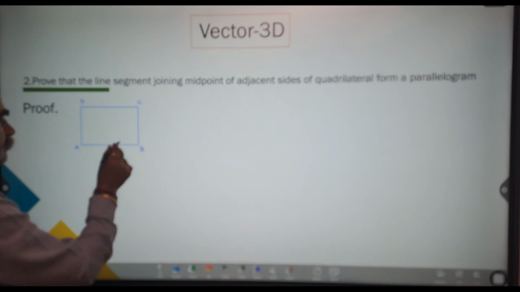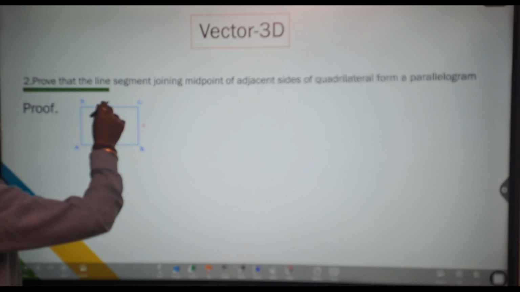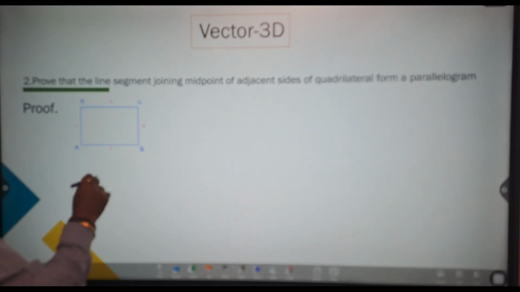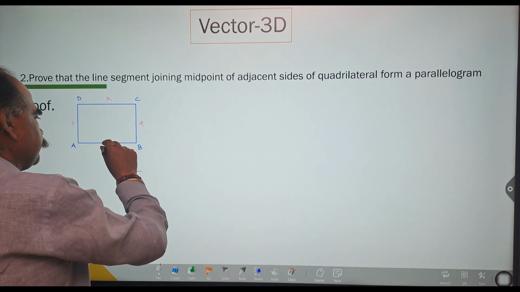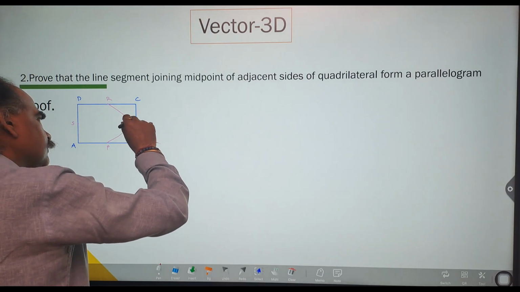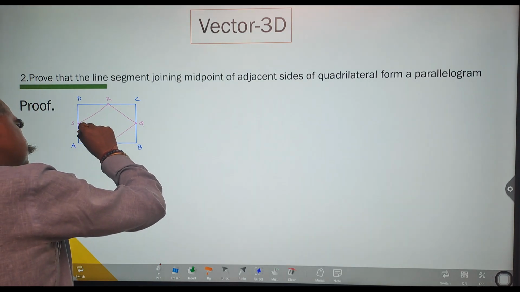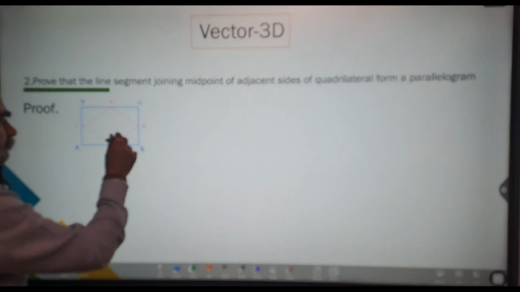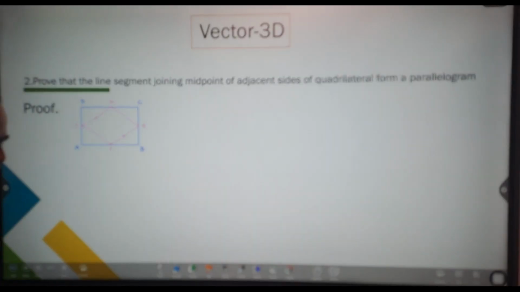P, Q, R, S are midpoints of sides AB, BC, CD and AD respectively. So we have to prove PQRS is a parallelogram. That means we have to prove PQ bar is same as SR bar.